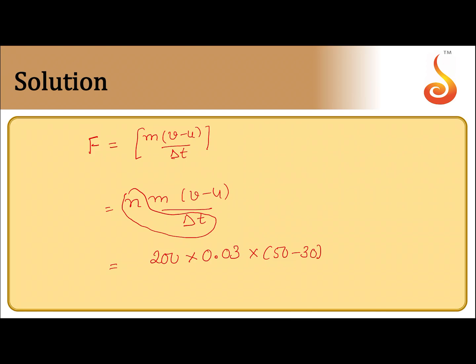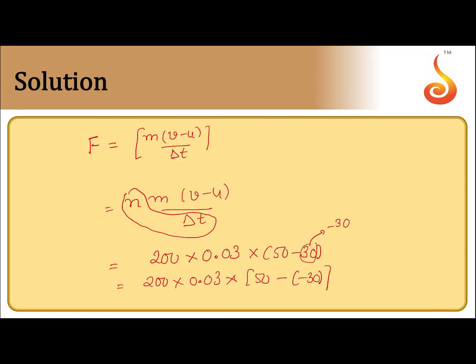You should be a little careful here. This 30 is to be taken with a negative sign. That means if I write it correctly, 200 × 0.03 × (50 − (−30)).